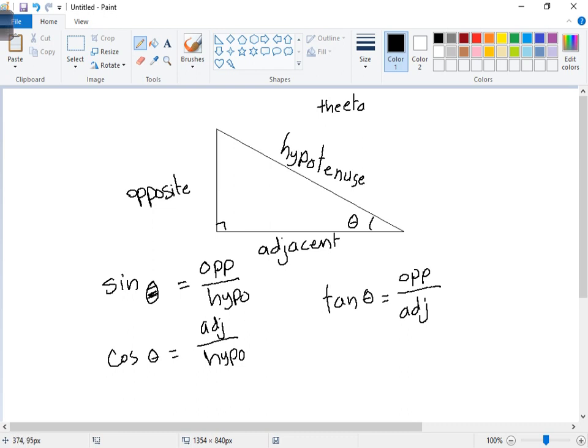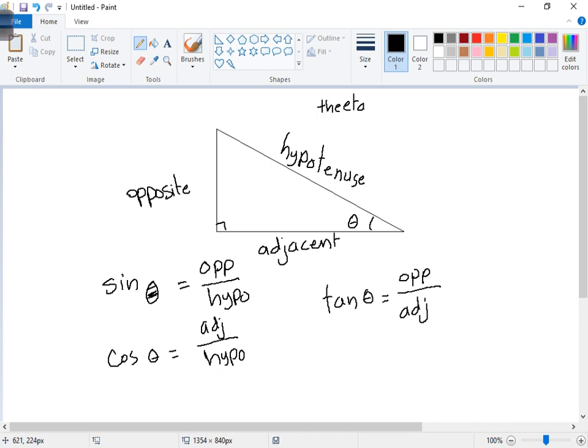Sometimes for the straight line equation, we name it the gradient or the slope, rise over step, or now we call it opposite over adjacent.